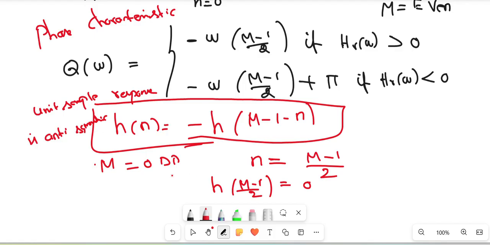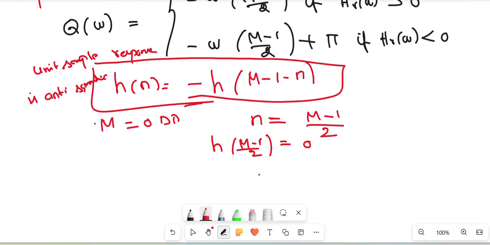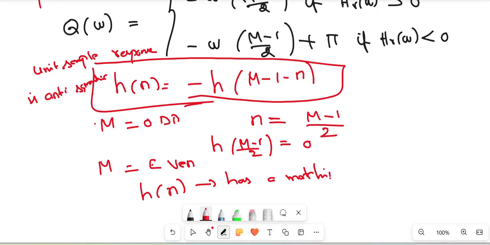But if M is even, then each h of n has a matching term of opposite sign.